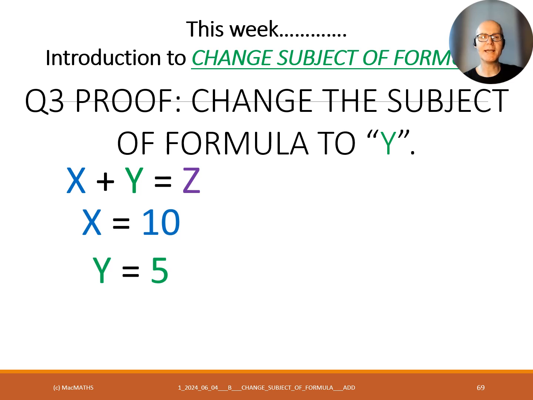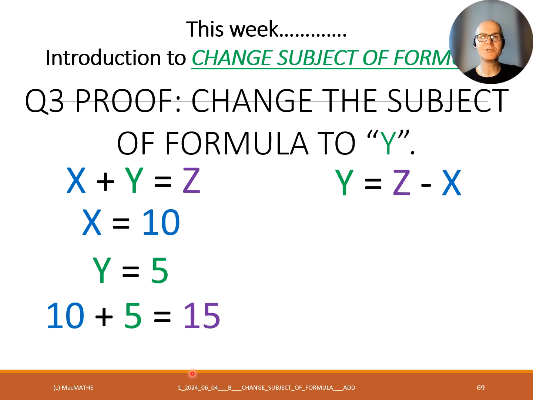Let's put some real numbers in again. x plus y equals z for x equals 10 and y equals 5. 10 plus 5 equals 15. So we now have x equals 10, y equals 5 and z equals 15.